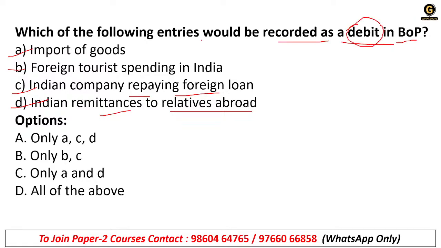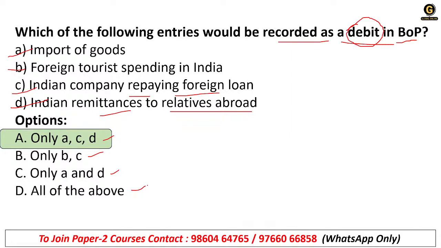So which components or options are considered a debit in BOP? A, B, C; B and C; A and D; or all of the above. So it is A, B, and C only.